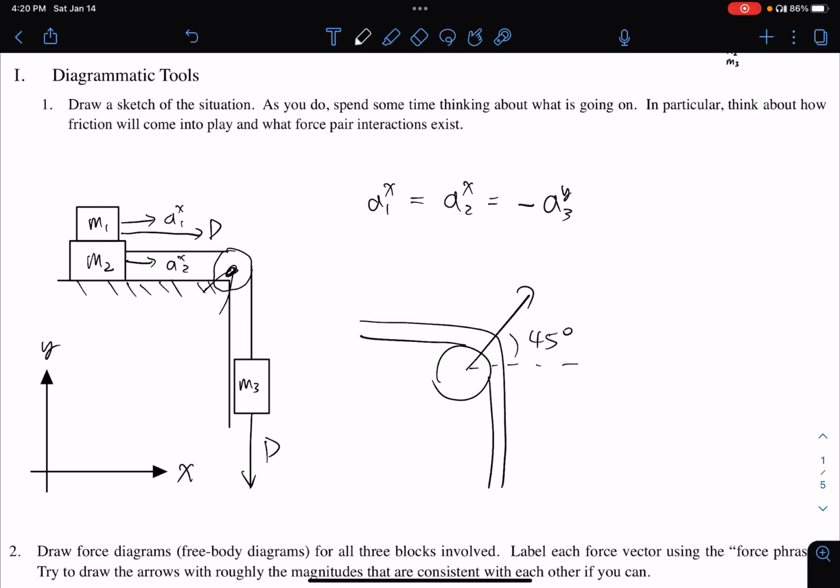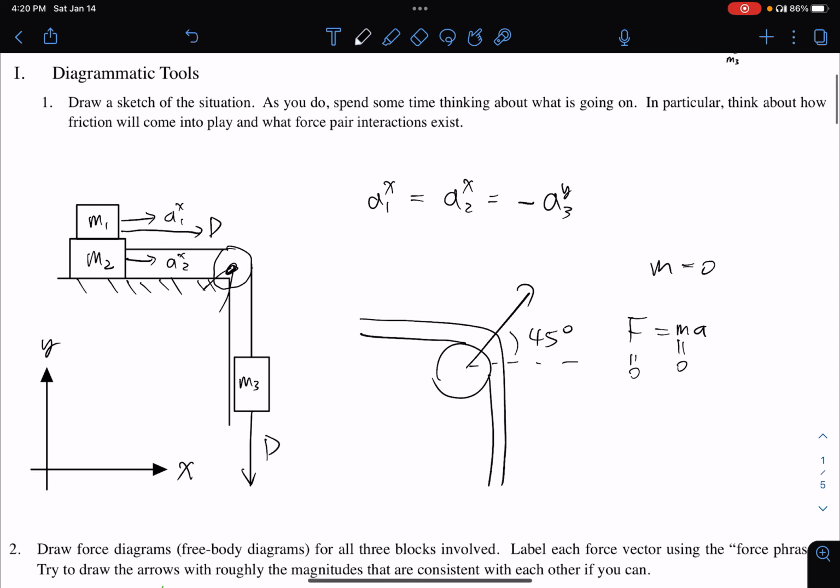Now, because the mass of the string is 0, if we write out Newton's second law on this string and the mass is almost 0, it means that the force acting on the string must also be 0. Otherwise, the acceleration will grow to infinity, and that's not going to happen in real life. It means that the only result is that when m is close to 0, both F and a are 0.